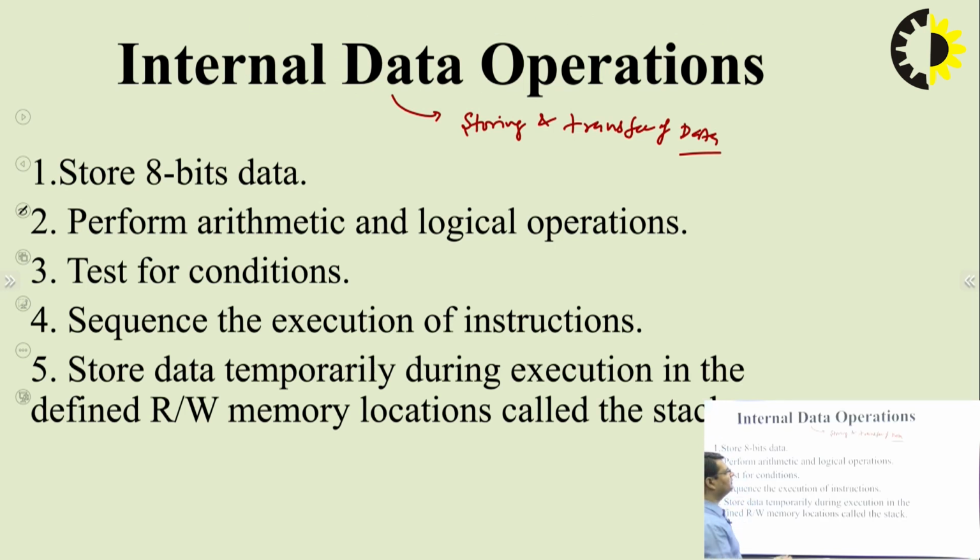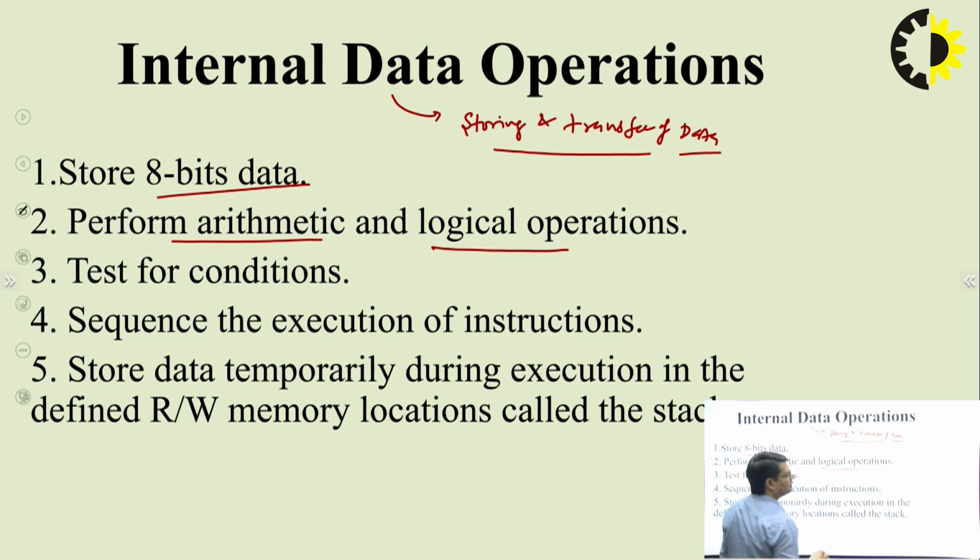Examples of internal data operations are related to storing and transfer of data, for example storing of 8-bit data, then arithmetic operations and logical operations. For example, MOV A, B. Here the 8-bit data is being transferred from register B to register A.